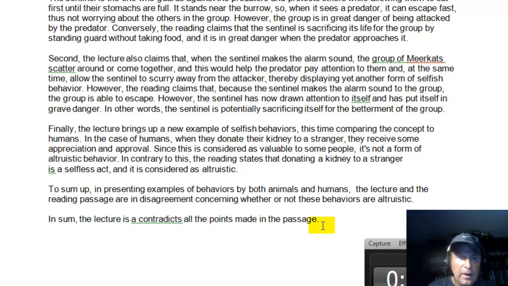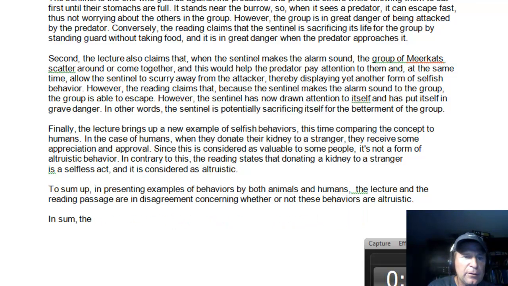Altruistic. That's what I would do here. You don't have to have a huge conclusion with this type of writing, but I would do more than what you did. Yours, the lecture is a contradiction. No, even the grammar is not good. It is a contradiction to all the points, but that's not enough. So I'm going to say something like this.